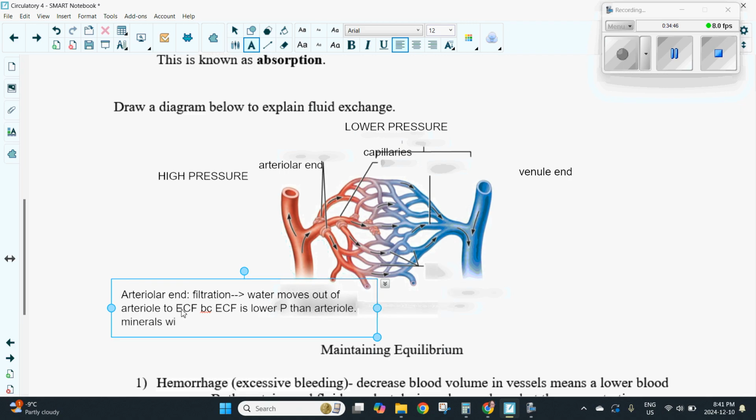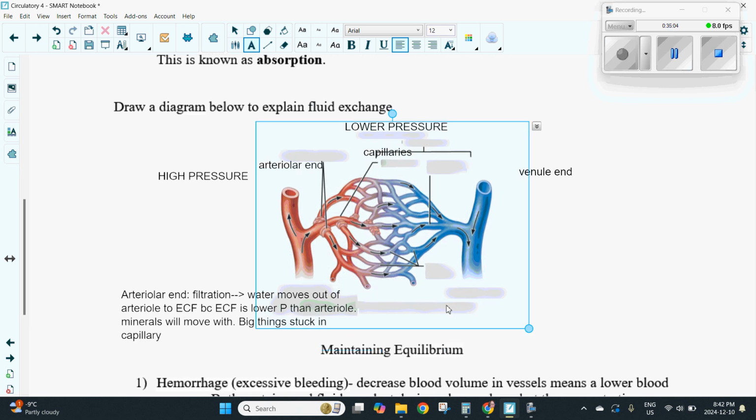Minerals will move with it. Big things stuck in capillary.